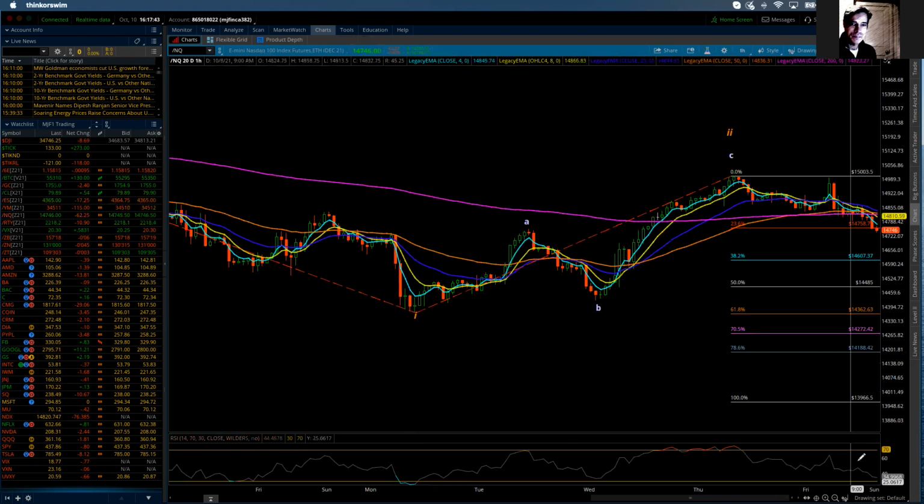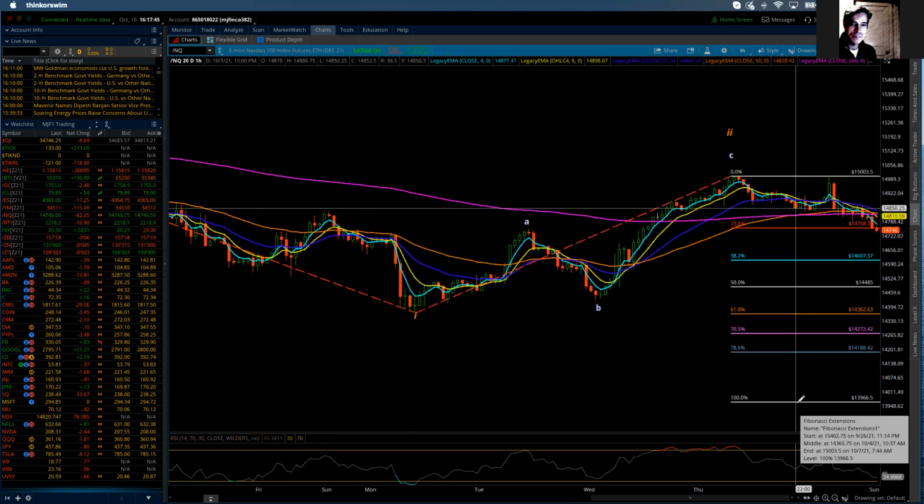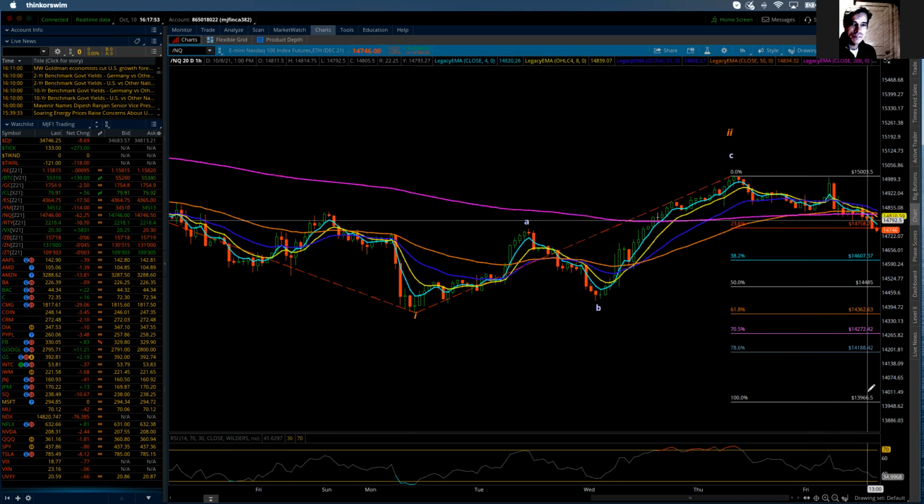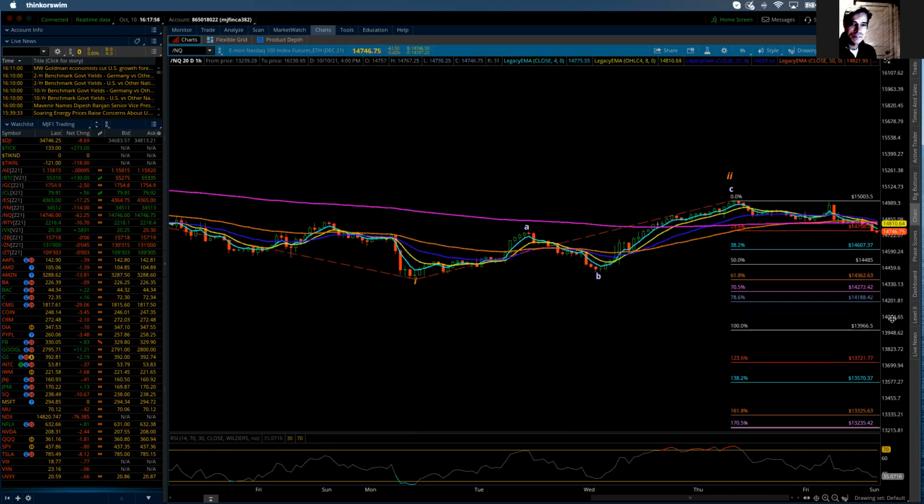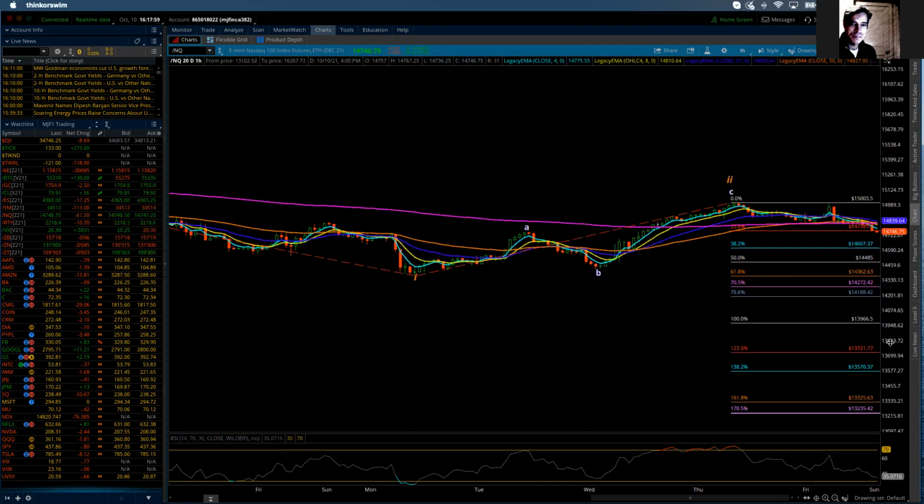Now, first support for the entire third wave would be where -3 is equal to -1, and that comes in at 13,966. But I don't think that's where that stops. That again, not a third wave, not in this position, not in this size.